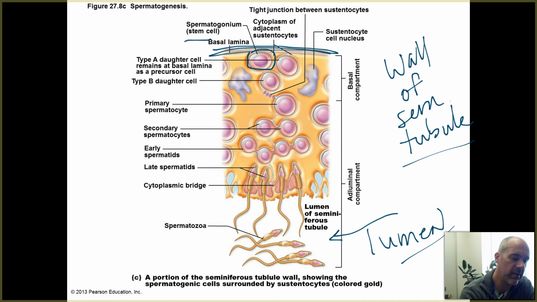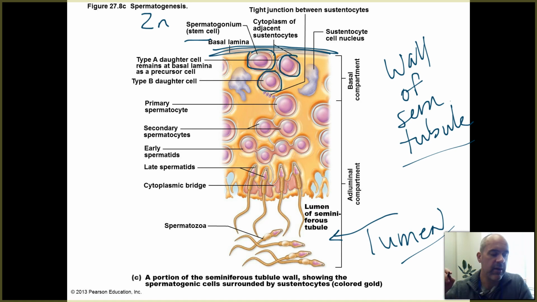That's a stem cell, and that's 2N. It's a diploid cell, and it undergoes regular mitosis. When that happens, you wind up with a type A daughter cell and a type B daughter cell. As you see there, the type A daughter cell just continues on as another spermatogonium. It's going to be a source of continuing to supply these cells that are needed for spermatogenesis.